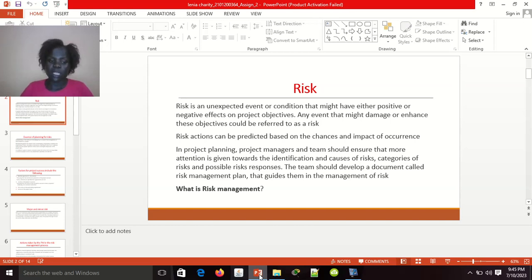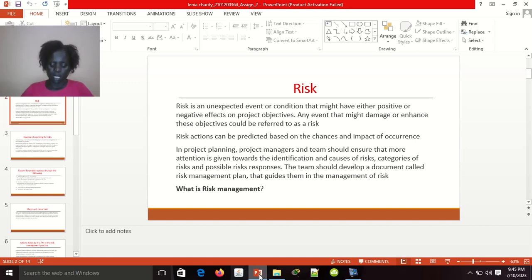In project planning, the project manager and the team should ensure that attention is given to identifying risk and the causes of it. Whenever a project team is coming up with a project plan, they have to consider handling the risks. You don't just rush to handling it.